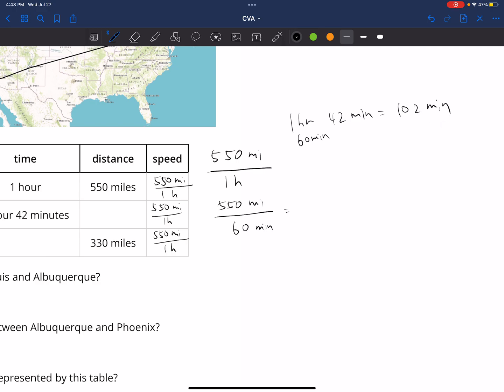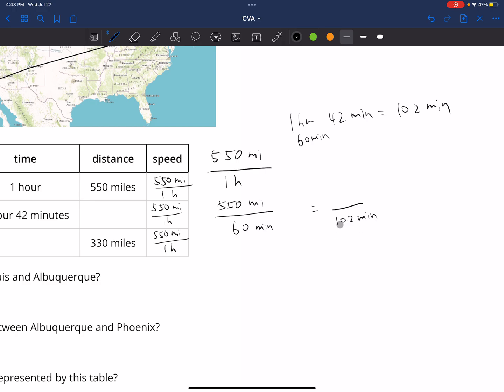So we just have to figure out how to go from 60 minutes to 102 minutes. This number isn't too clean. You can't do 60 times 2 and get 102, so it's not a whole number. It's some kind of fraction or decimal.